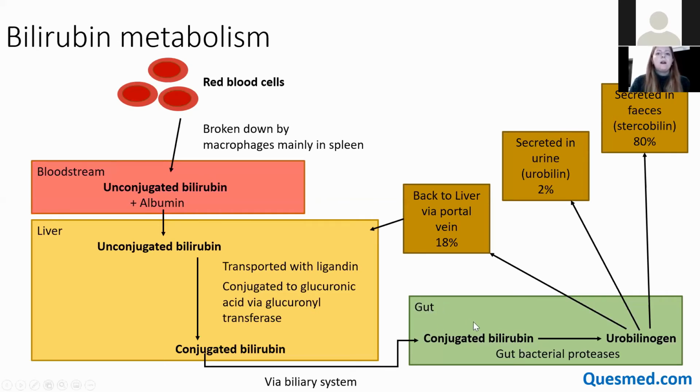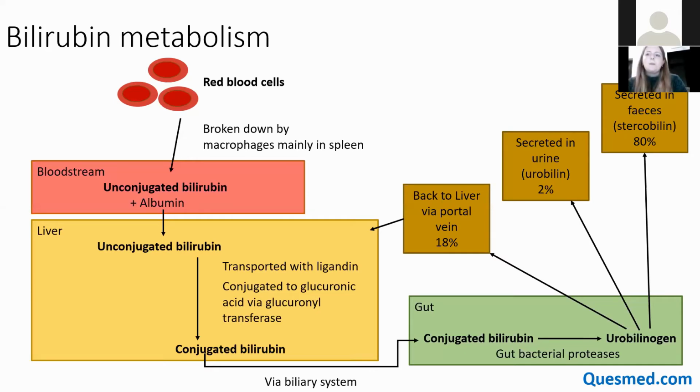The conjugated bilirubin in the gut is then further metabolized by bacterial proteases in the gut to something called urobilinogen. Urobilinogen then undergoes one of three different types of metabolism.